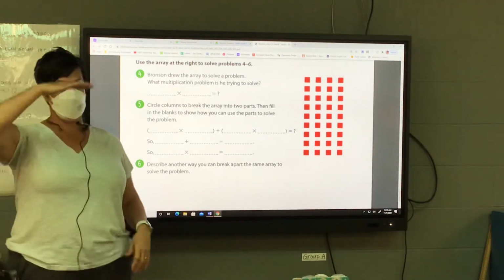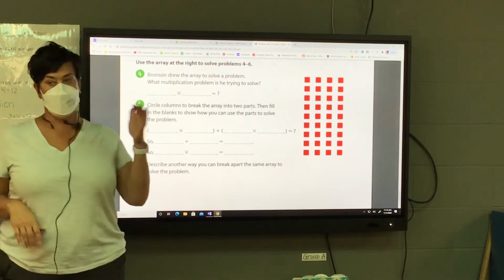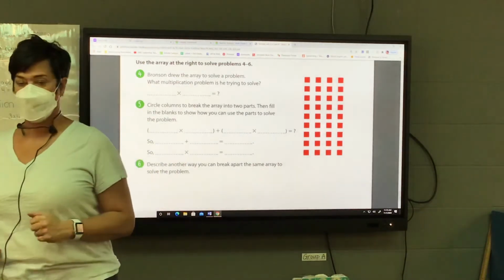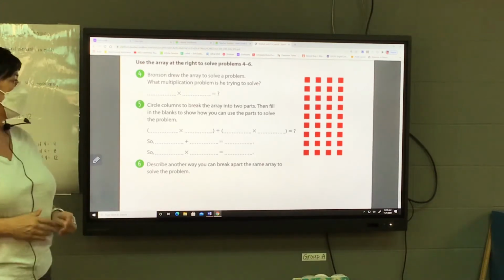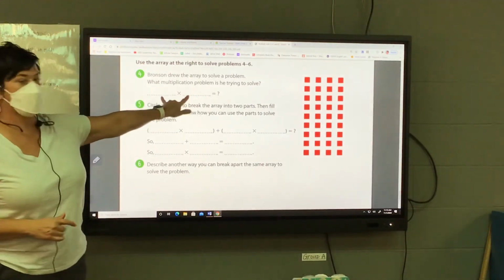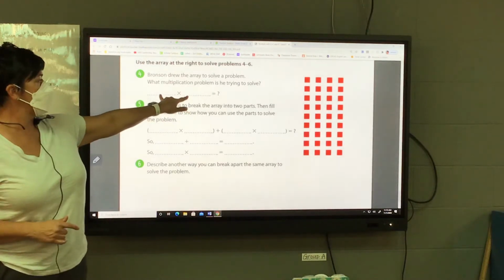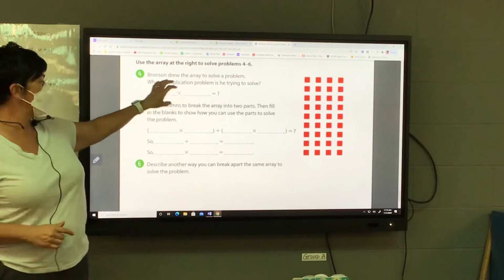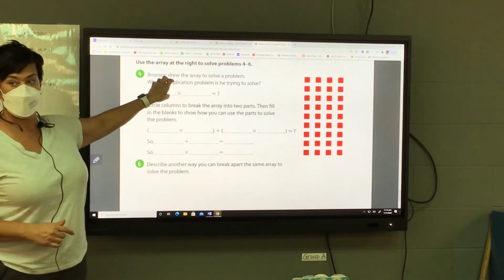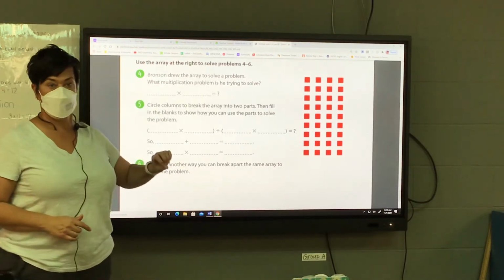Remember, you have to count rows first, and then how many are in each row next. How many of you have this multiplication problem started here? Do you have this number here? And this number over here?